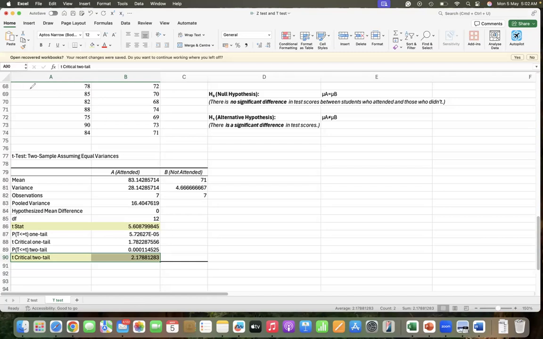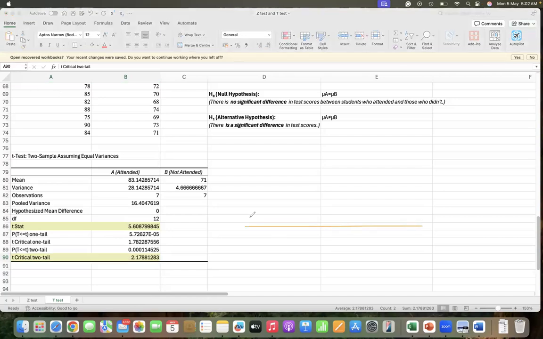So let us interpret this. Calculated value is 5.6. Two tail critical value is 2.17, so here it is 2.17 and here it should be minus 2.17, and 5.60 lies in this region, again the rejection region.